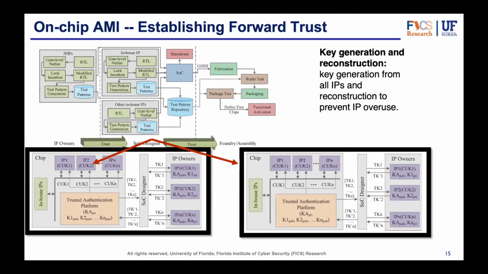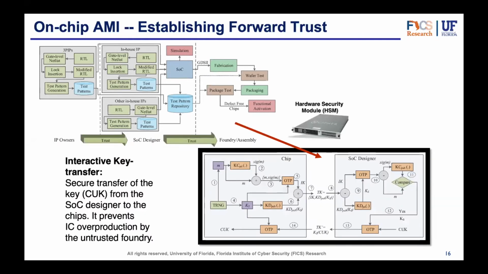And this allows us to generate keys that are generated cooperatively between the third-party IP vendors and the SoC designers together, to give the right key as an unlocking key to the Foundry. Of course, these are all protected and communicated through that secure channel.